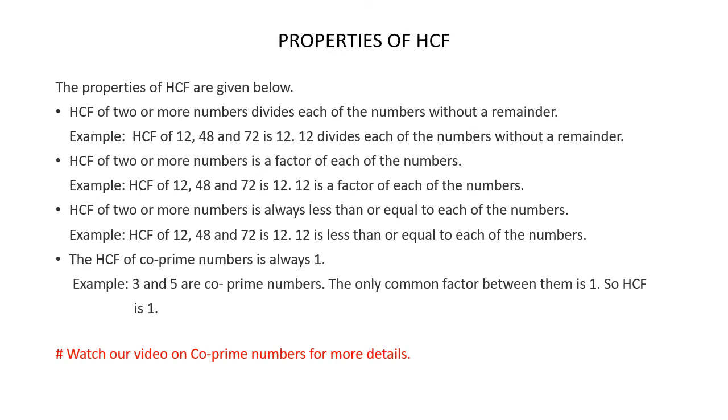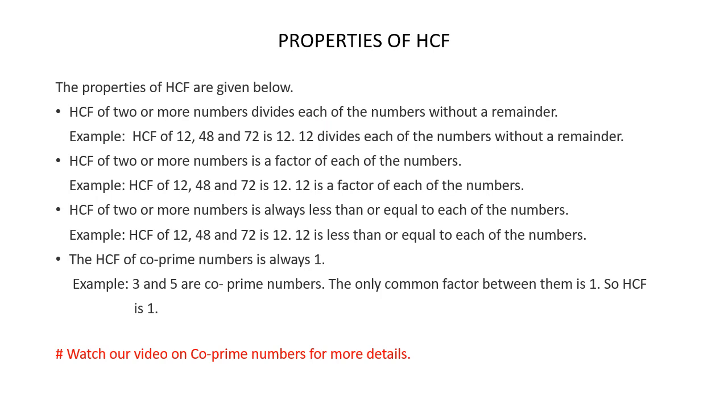Now let's look at the few properties of HCF. The HCF of two or more numbers divides each of the numbers without a remainder. This means that the HCF of two or more numbers will divide each of the numbers without leaving any remainder.